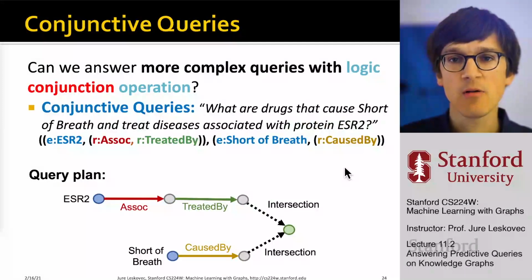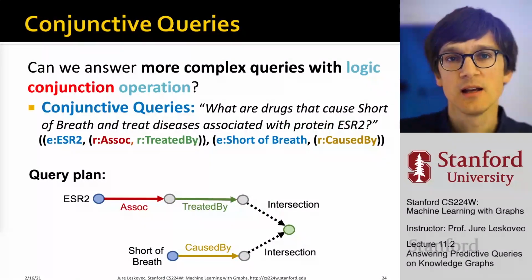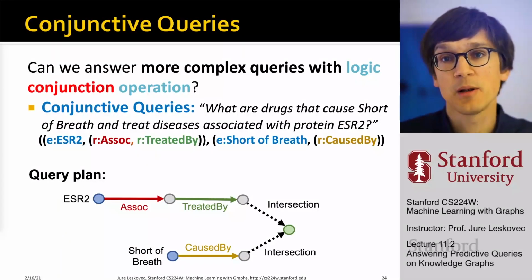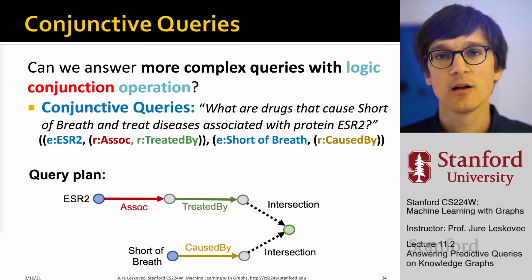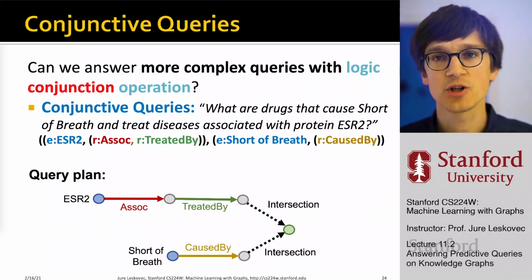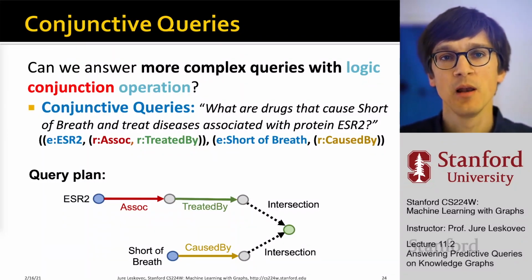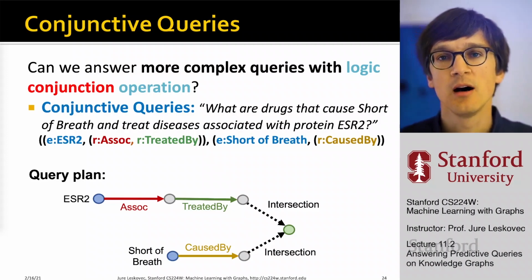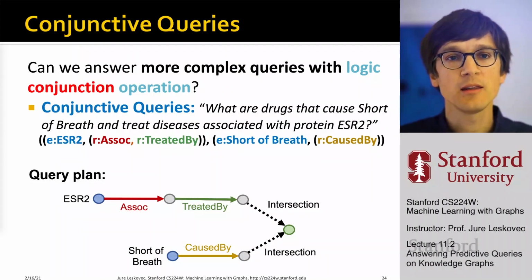So this was about answering path queries. The question then becomes, can we answer more complex queries that also include a logical operator, like a conjunction? Conjunction is an AND. For example, I may get a query like: what are drugs that cause shortness of breath and treat diseases associated with protein ESR2? The way I think of this is that ESR2 and shortness of breath are my anchor entities.